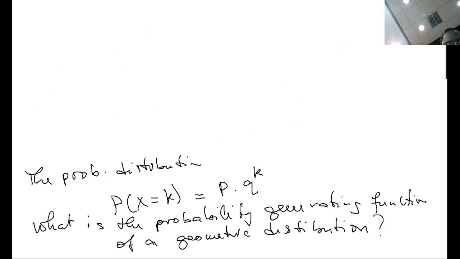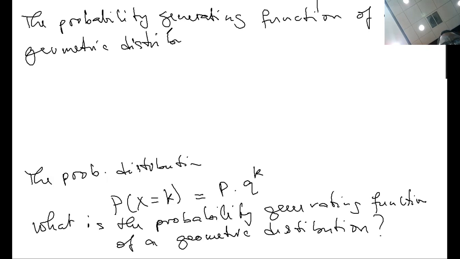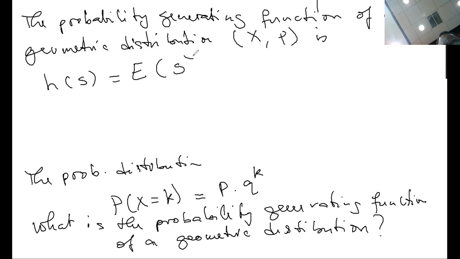So the probability generating function of a geometric distribution X is h of s equals E of s^X.